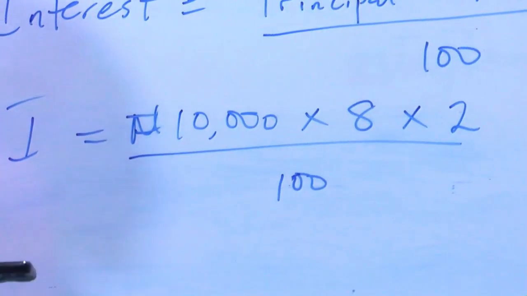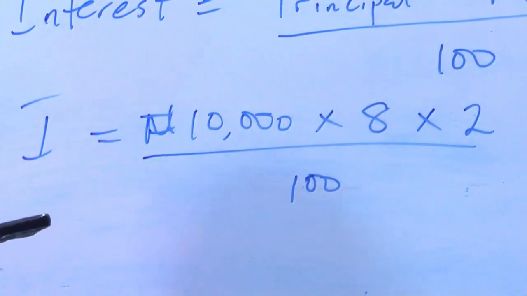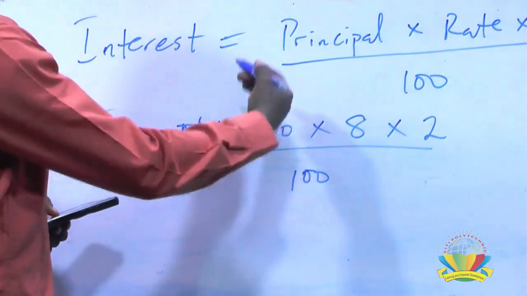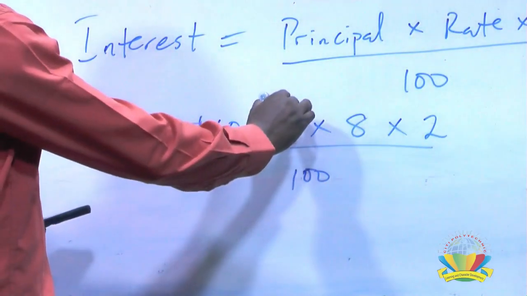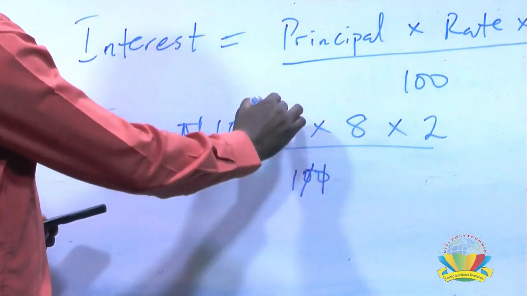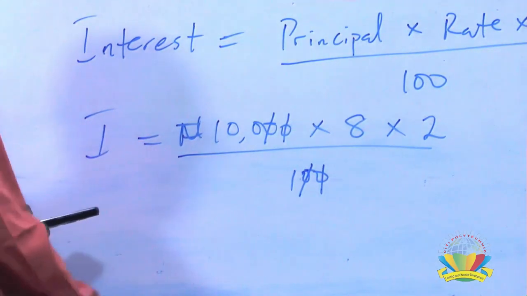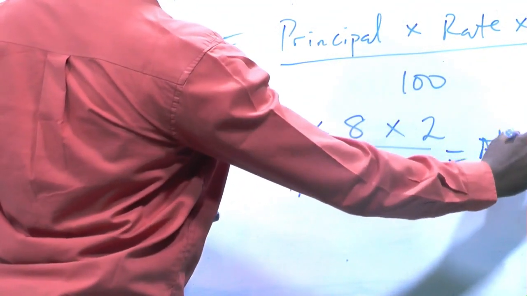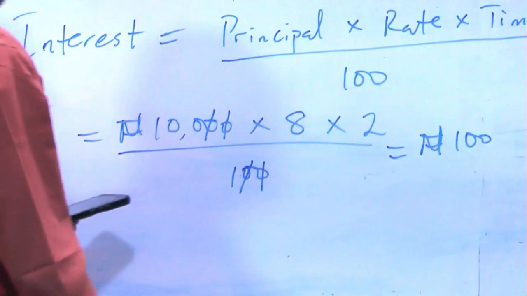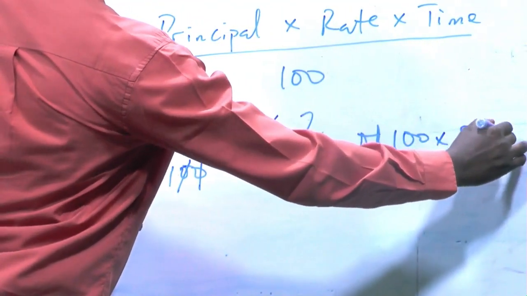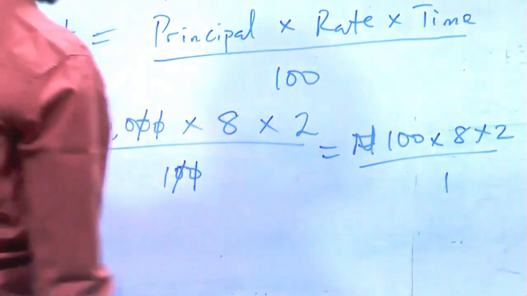Now what we do without making use of a calculator is we break it down. These are fractions, then we try to reduce it. So we get rid of these two zeros and these two zeros, and what is left is 100 naira times 8 times 2, all over 1.